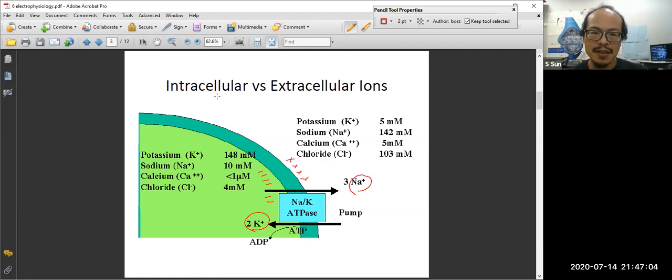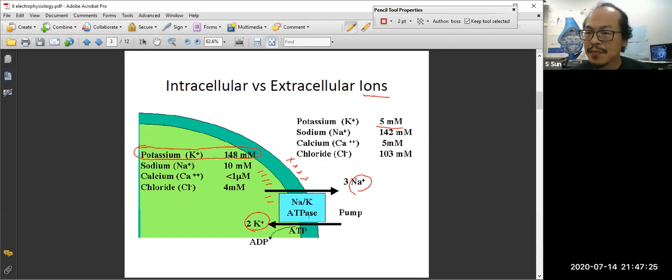So if we look at the intracellular versus extracellular ion concentration comparison, we will see that in the cell, everything is less except potassium. Potassium is more in the cell compared to outside of cell.